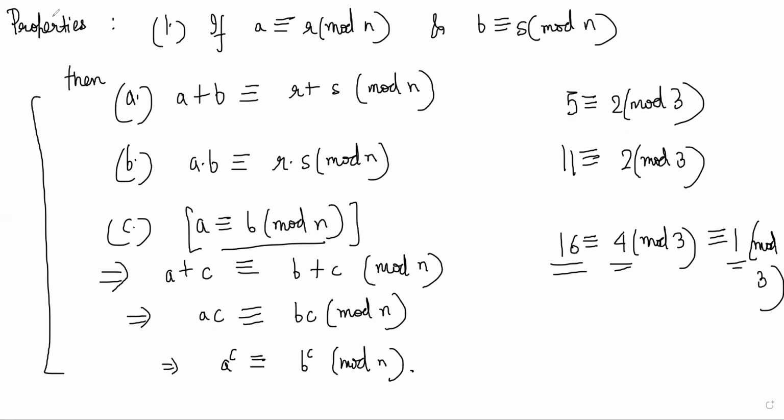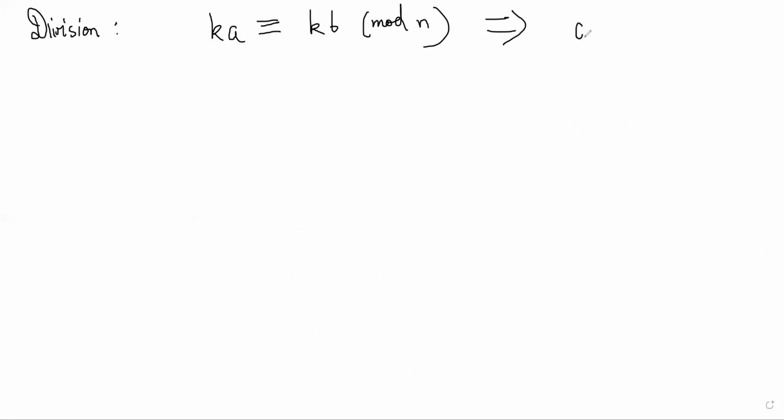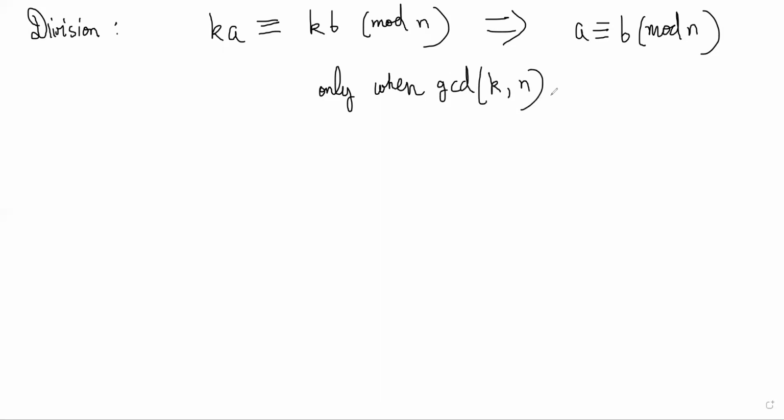The next thing is, what about division? Division is something that you have to be a little careful with when you handle congruencies. So if you have Ka is congruent to Kb mod n, this implies you can divide K out and say A is congruent to B mod n, but only under certain conditions, only when GCD of K and n is equal to 1.